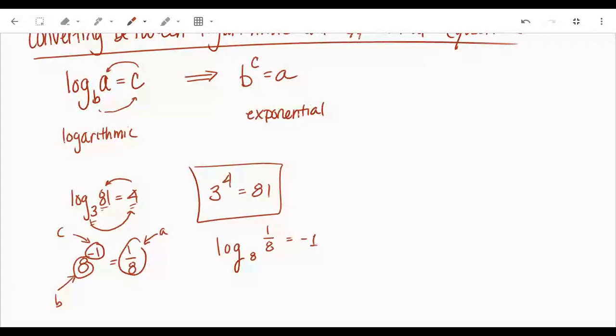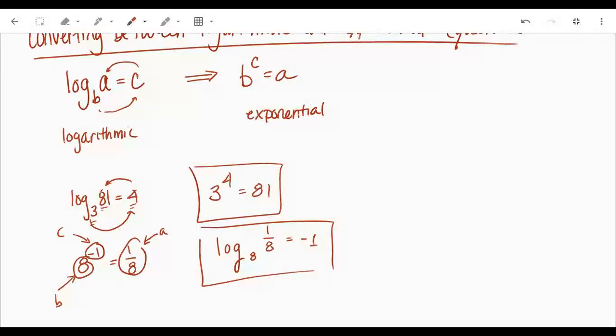If you think about looping and swooping back, we get 8 to the negative 1 is 1/8. There's your final answer. Keep in mind, checking, 3 to the 4th power is 81: 3 times 3 is 9, times 3 is 27, times 3 is 81. 8 to the negative 1 would be 1/8. It's important that you can recognize how these exponents work. It's easy as that for that one.